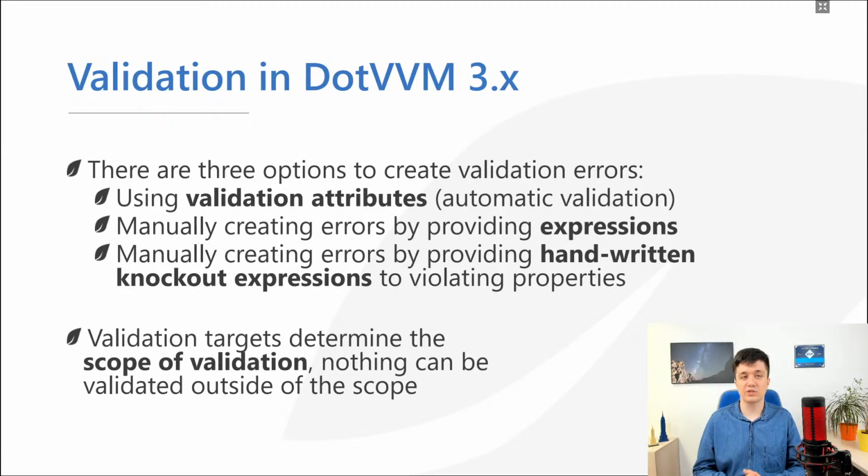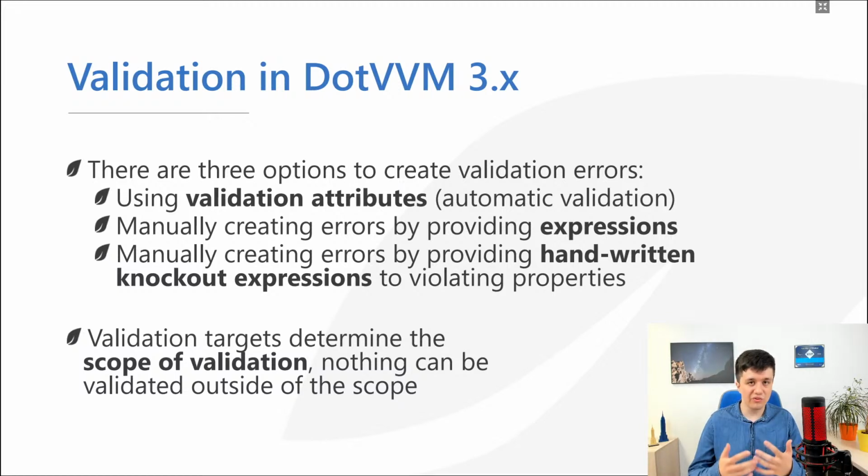And the third option that was available for users, which was not really common and for good reasons, is to write property paths manually. And this was really cumbersome in the previous versions because it required users to write knockout expressions, which means that we were leaking a little of our internal implementation on how this validation system works.